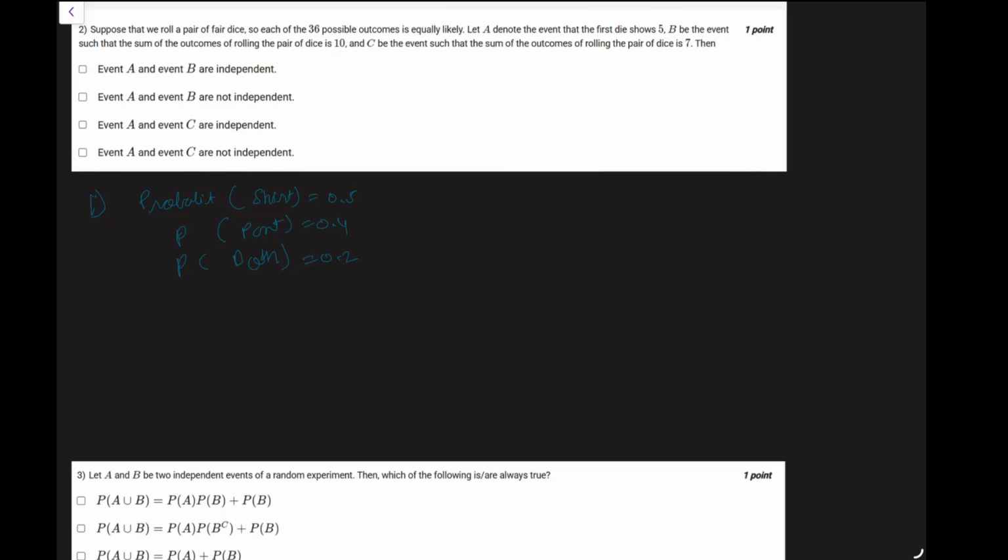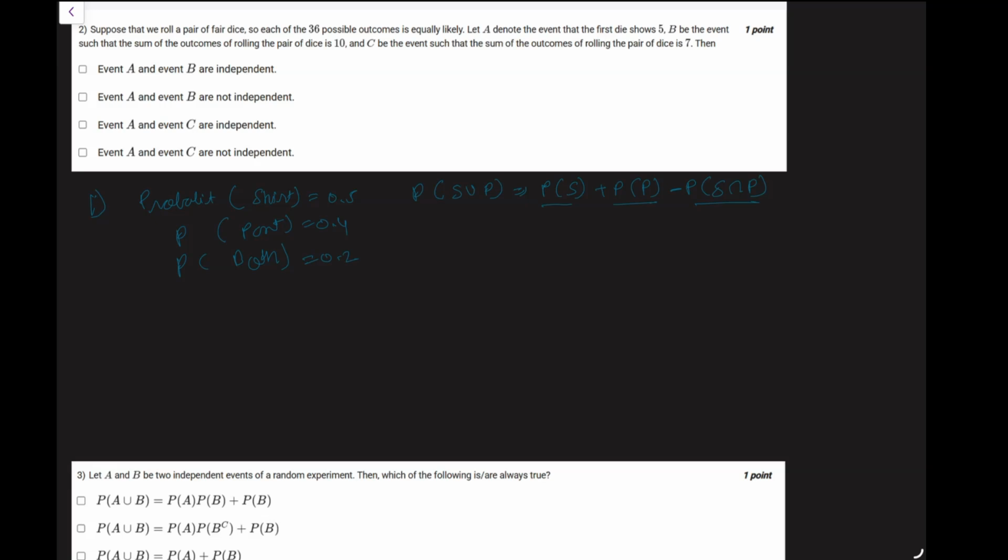So let's find the probability that the customer will purchase neither a shirt nor a pant. What's the first step? First step is you will use the formula for P, shirt union pant, which means shirt or pant. To get that, we use individual probability, probability of shirt plus probability of pant, minus probability of buying both shirt and pant.